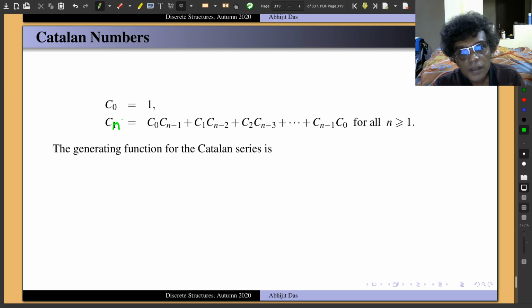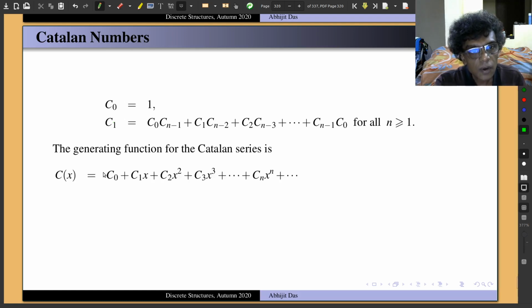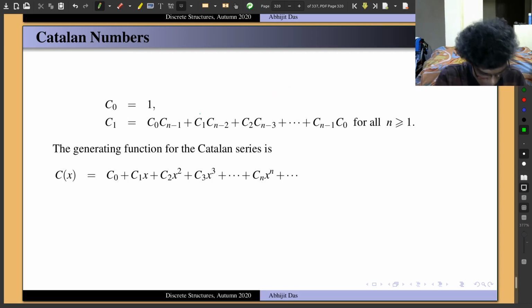The generating function of this series is C0 plus C1x plus C2x square plus C3x cube and so on. Now I put C0 equal to 1. And for n greater than equal to 1, I will use this recurrence, Cn equal to this.